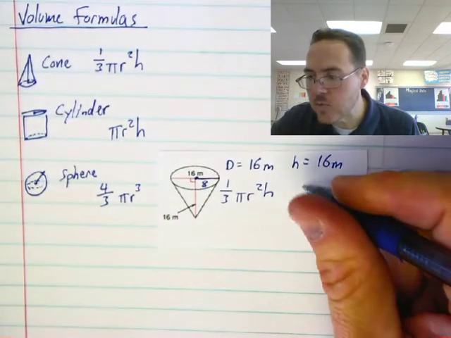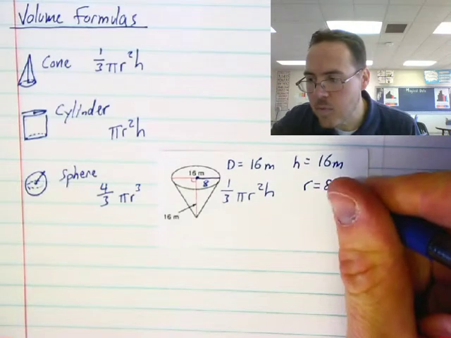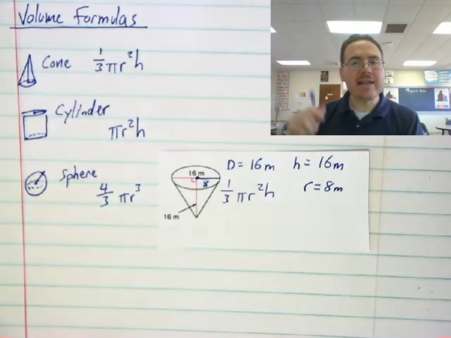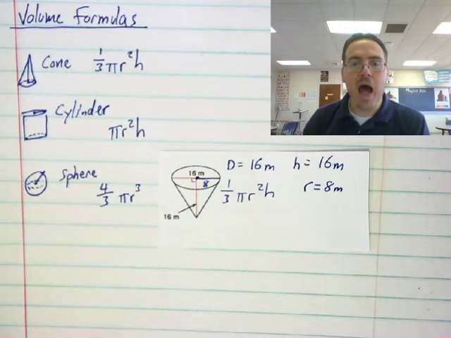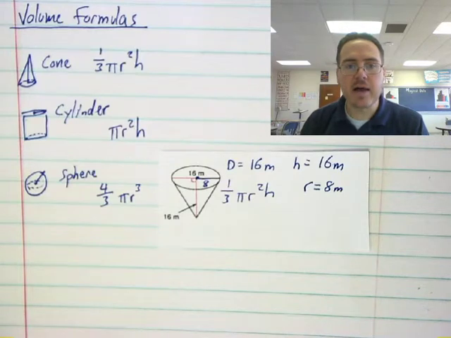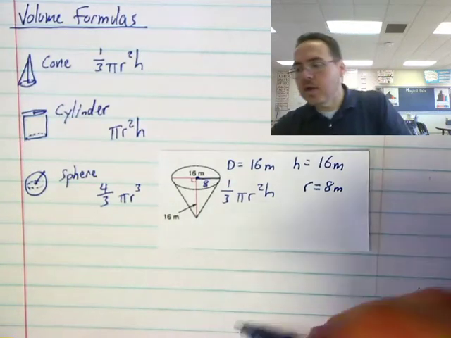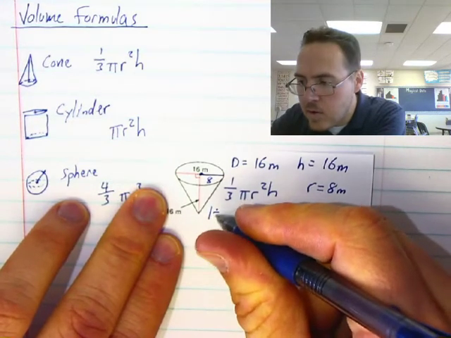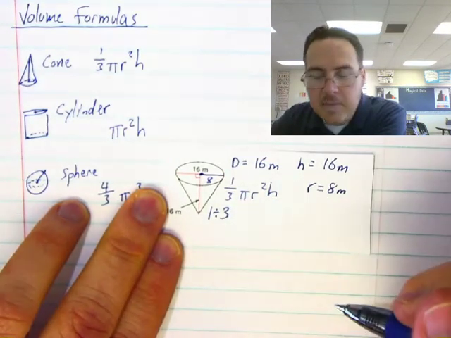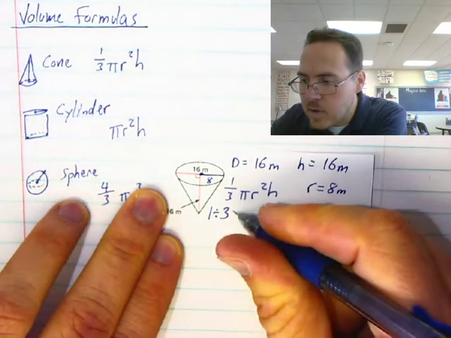So that means the radius is 8 meters. And that's something I had to think of on my own. The problem is not going to tell me to do that. But once I know the radius, I just get to plug it in and do the calculation. So this translates to 1 divided by 3 times pi.